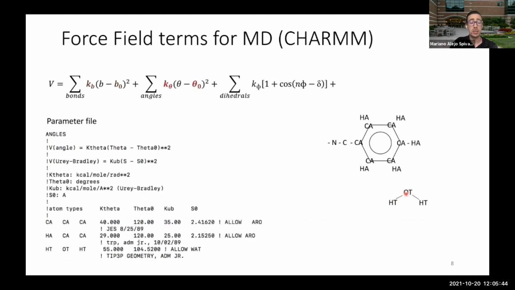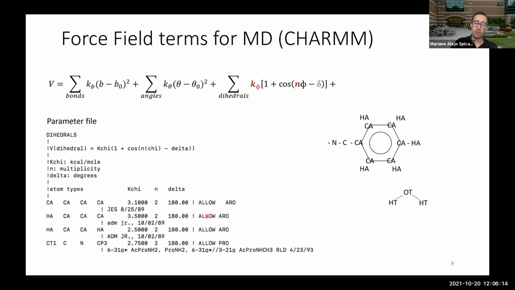In the angle part of the parameter file, now I have 3 atom types, for example CA, CA, CA, and then the force constant of the angle and the reference angle. In some cases you have an extra harmonic term called Urey-Bradley, and you have here the parameters for that harmonic. The same for the dihedral.